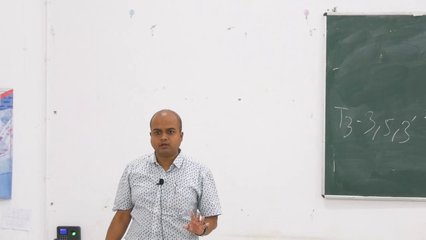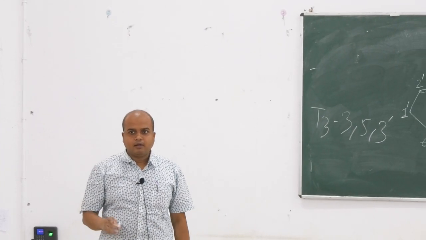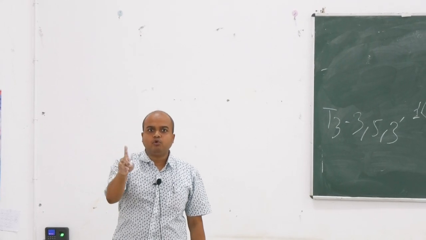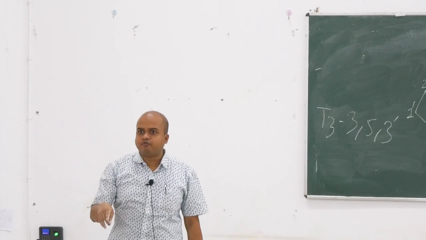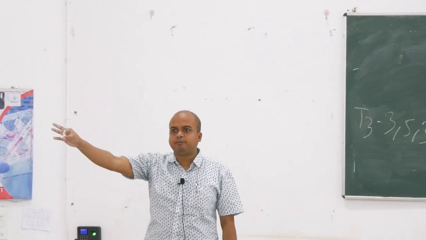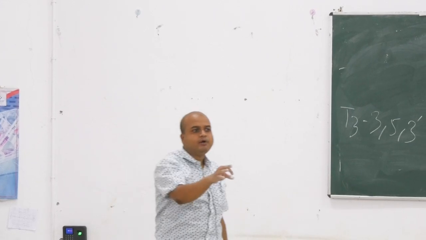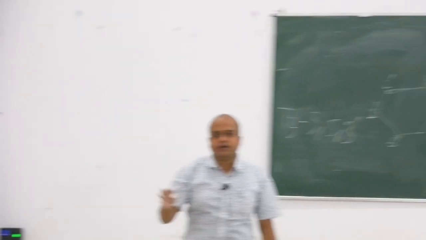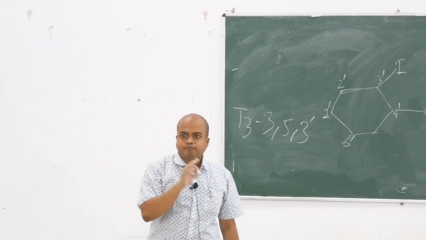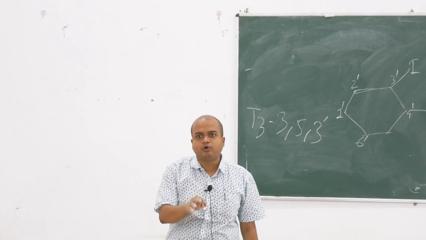In the aromatic ring, iodine will be attached to either 3 or 5, but not 5 alone. If it is a single iodine, to the third position; a single iodine attached to the third position forms MIT, monoiodotyrosine. 2 iodines attached to the 3 and 5 positions form diiodotyrosine.